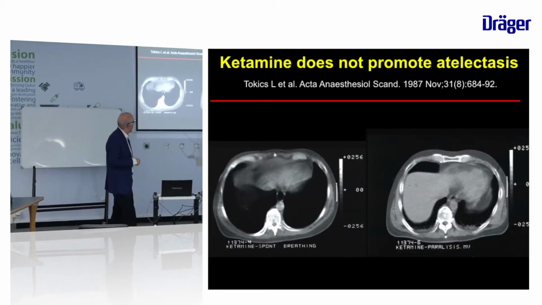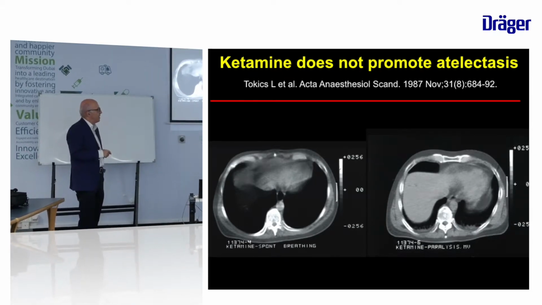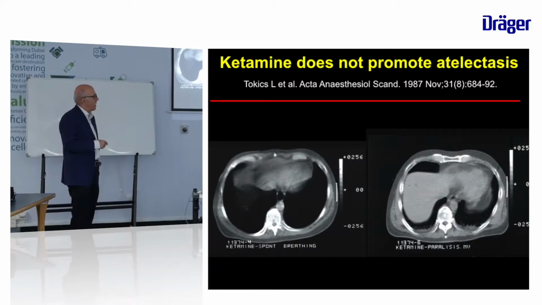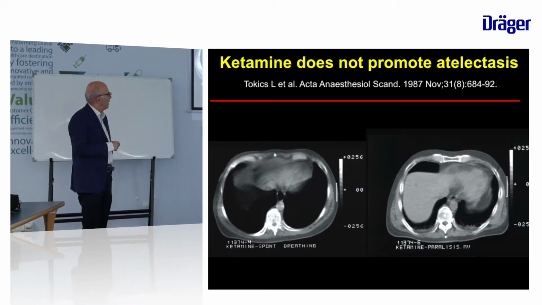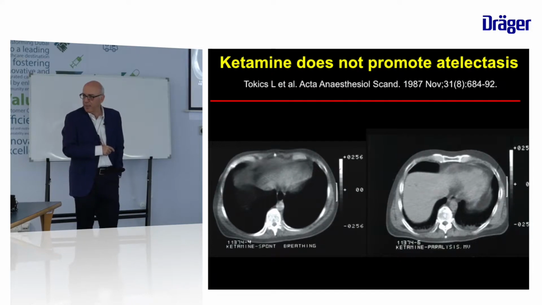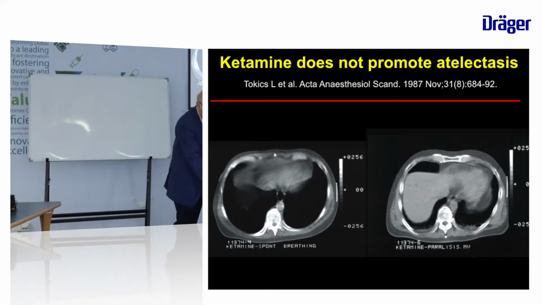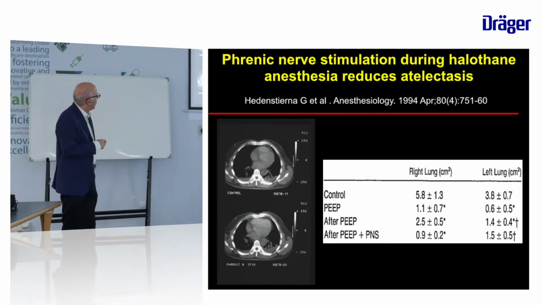This is an example with ketamine, with spontaneous breathing, or with paralysis. You see that if you paralyze the respiratory muscles, you have atelectasis here and the cranial shift of the diaphragm. If you have spontaneous breathing with ketamine, you have no atelectasis. Very clear. On the other side, this is with the phrenic stimulation. On the right and on the left, the stimulation was applied on the right.